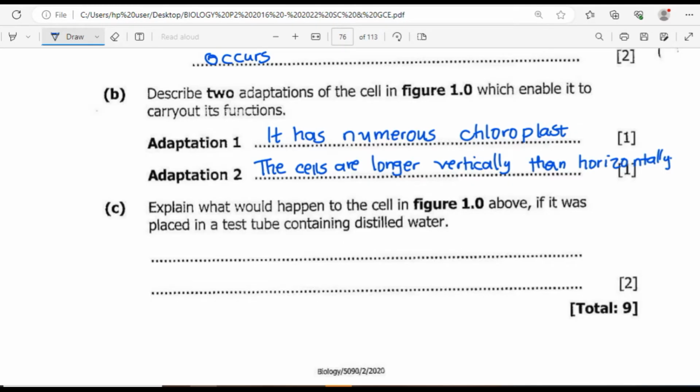Now, explain what would happen to the cell in figure 1.0 above if it was placed in a test tube containing distilled water.